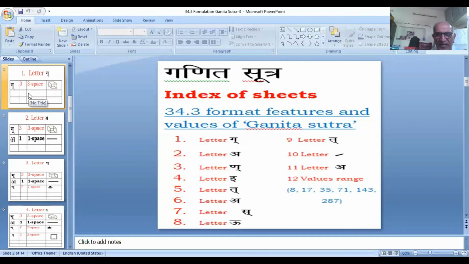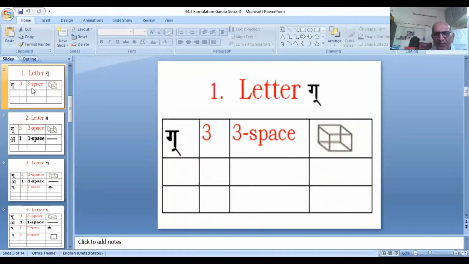The first phase is the phase parallel to the format features and values of first letter Ga.